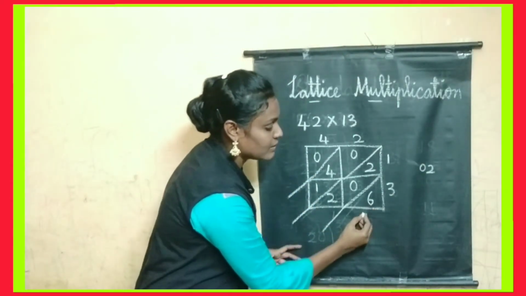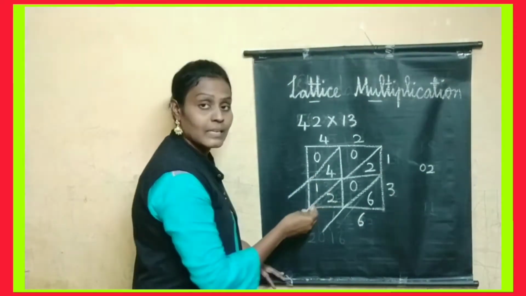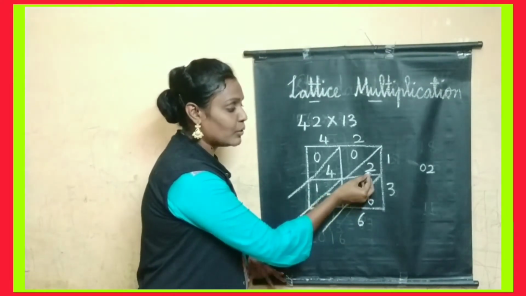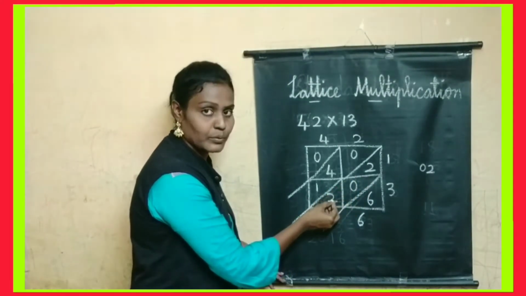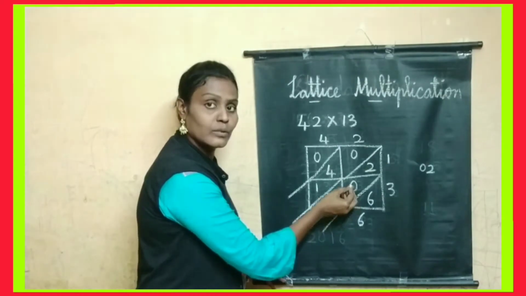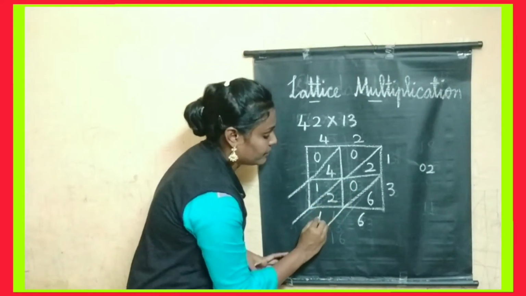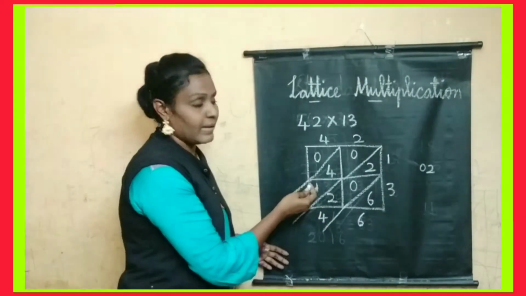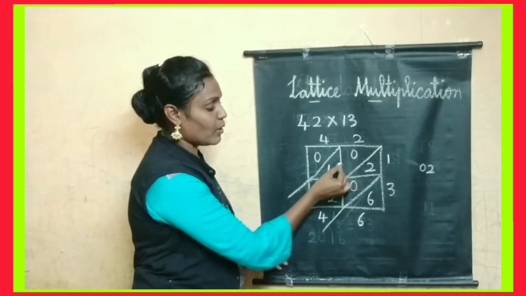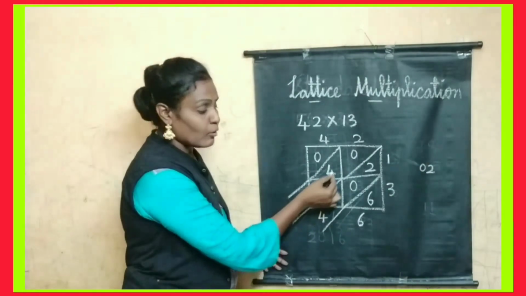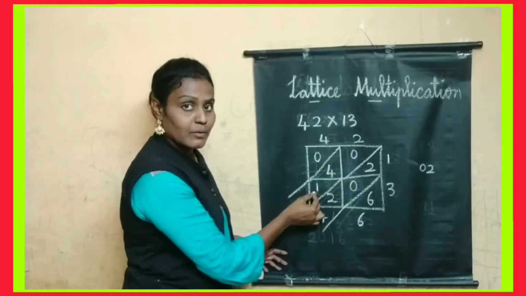Here we have 6. Next we have 2, 0, 2. 2 plus 0, 2. 2 plus 2, 4. Next we have 0, 4, 1. 4 plus 1, 5.